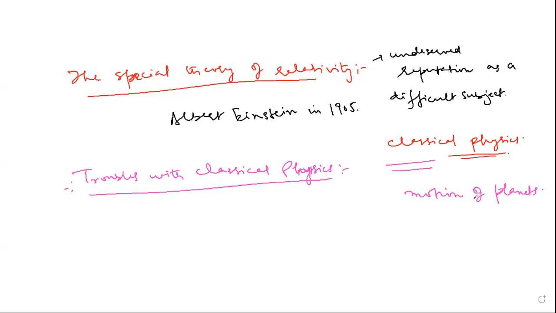We can easily understand the motion of planets using classical physics. So it is one of its triumphs. You can give many examples. I will emphasize another example. We use kinetic theory, which is based on classical physics, to explain the observed properties of gases also.